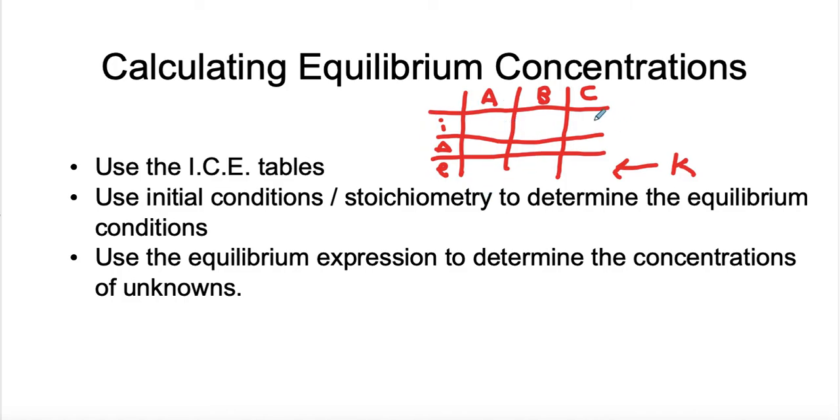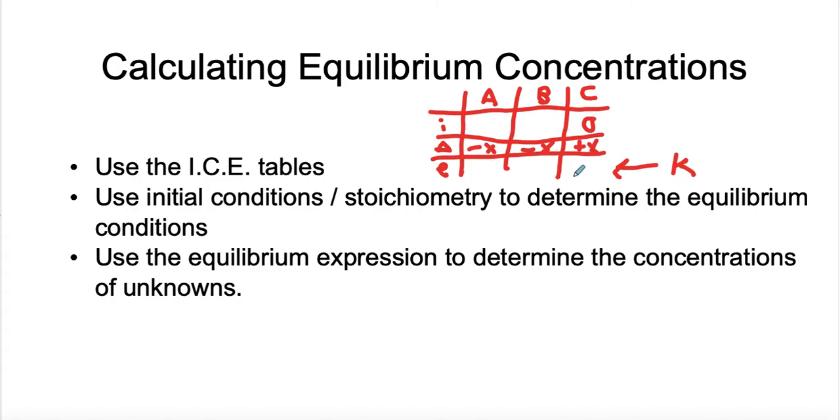Let's say you have no products to begin with. Your reactants are going to lose, and then your products are going to gain. You have to look carefully at the coefficients on your A's, B's, and C's and use stoichiometry. If there was a 2 in front of the C, then you would have plus 2x.